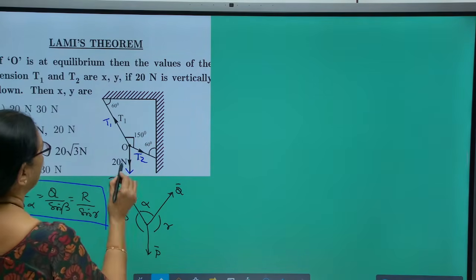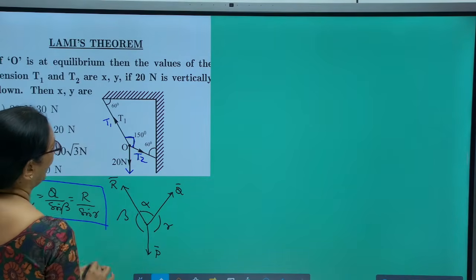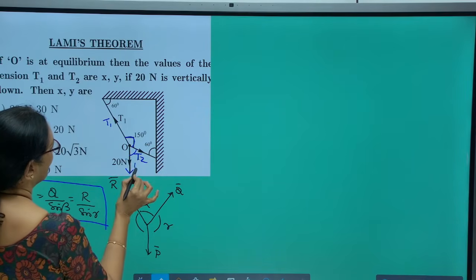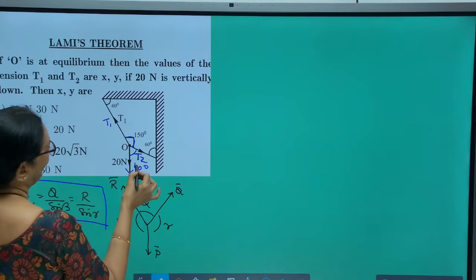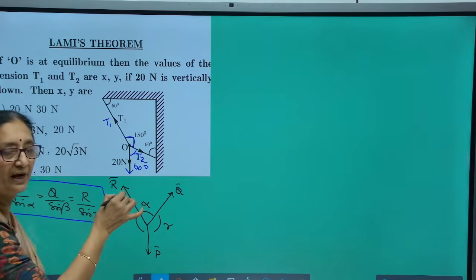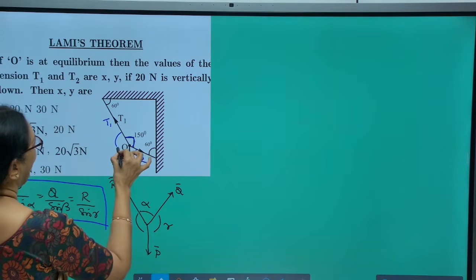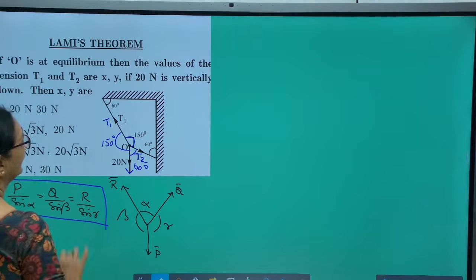See here, first this angle is already given as 150. If this angle is 60, this angle is an alternate angle, 60 degrees. So, 150 plus 60, that is 210. So, this angle has to be 150 degrees again, right.